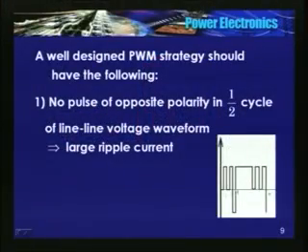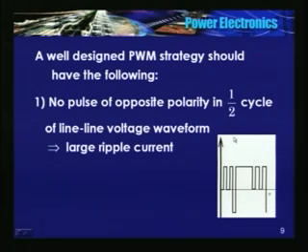If you make certain observations on whatever you have studied so far, I can sum them up. The first one: there should be no pulses of opposite polarity in the half cycle of the line to line voltage waveform. A well designed PWM strategy should have these features.